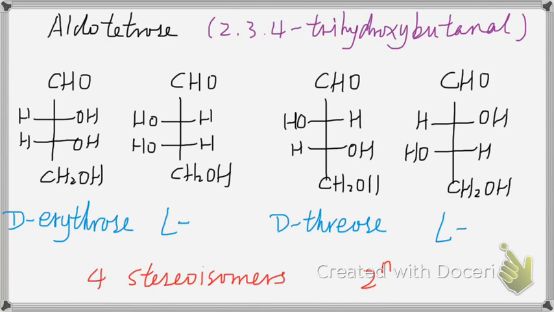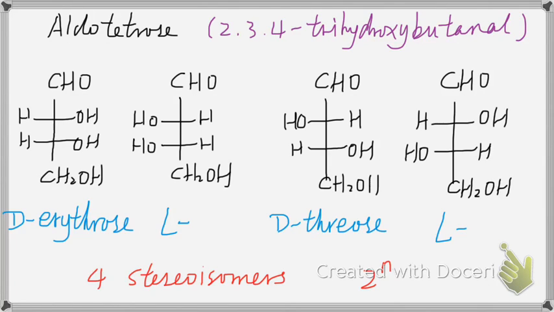Now regarding the D and L configuration. Remember in the aldyl triose, the one with 3 carbon atoms, we define the D configuration as the one that has the OH on the right side in Fischer projection.